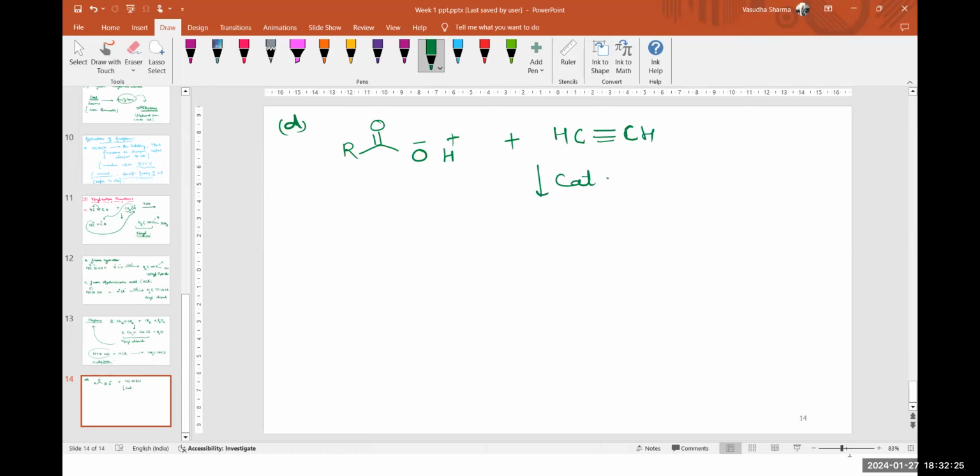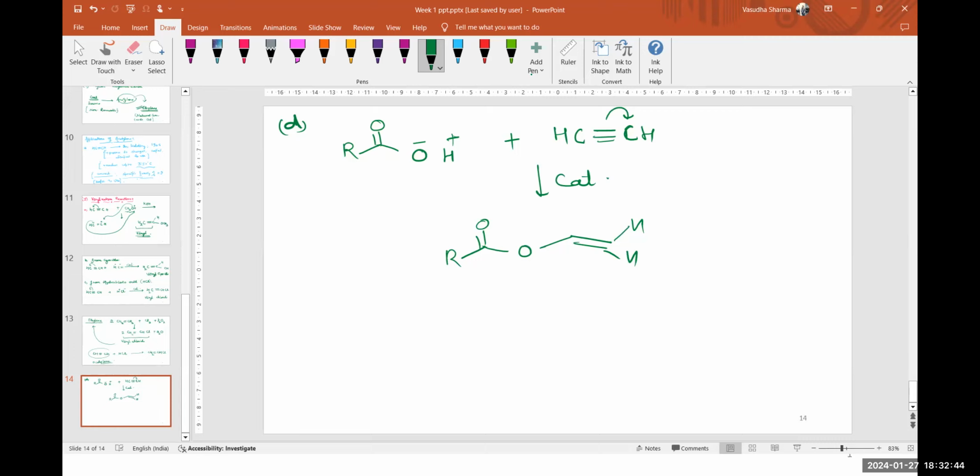Again, we know that one will be having R C double bond O. One will take up the H and the other will take up the R C double bond O group.